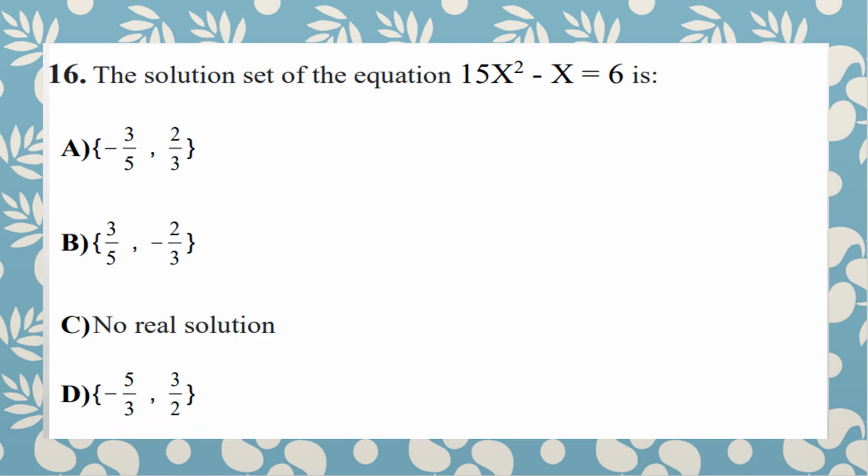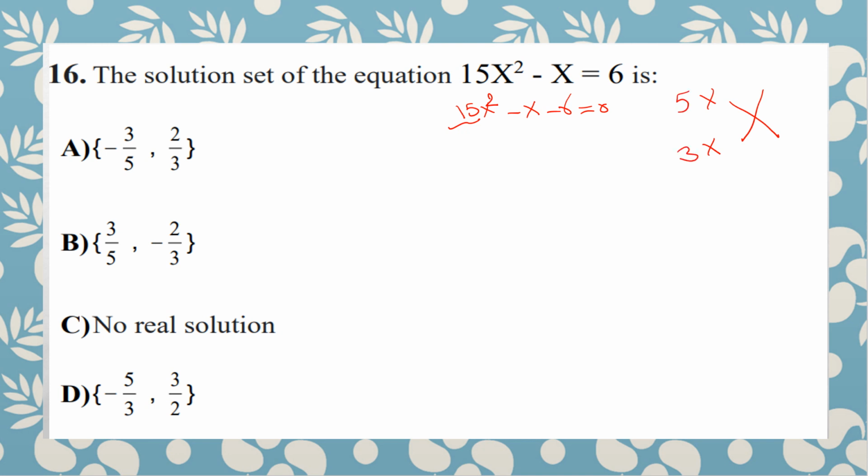The next question: the solution set of the equation 15x squared minus x equals 6. Again, we should rewrite this equation as 15x squared minus x minus 6 equals 0. We can solve this quadratic equation using factoring. We have x, and the 15 can be divided into 5 and 3.